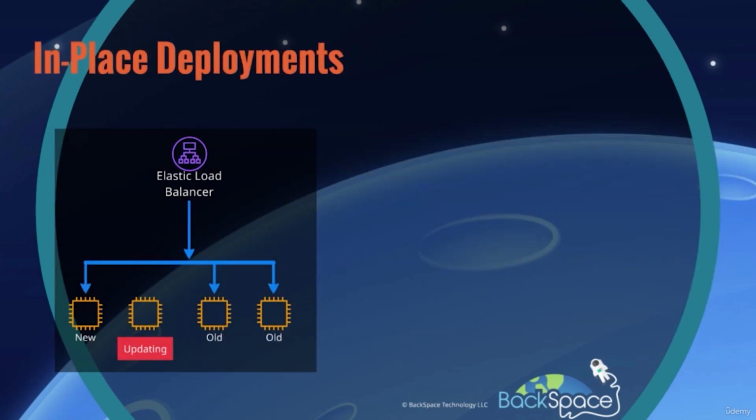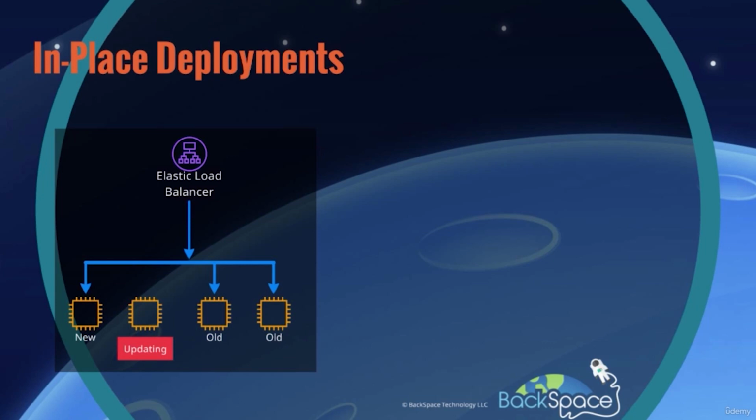In place deployments allow us to simply update each instance one by one. So as we can see here on the diagram, the one on the left there has been updated, and then we're moving on to the next one and we're updating that. And then we'll go through until all of those instances are updated. As we can also see here, the elastic load balancer will not be able to send traffic to any instances that are being updated.